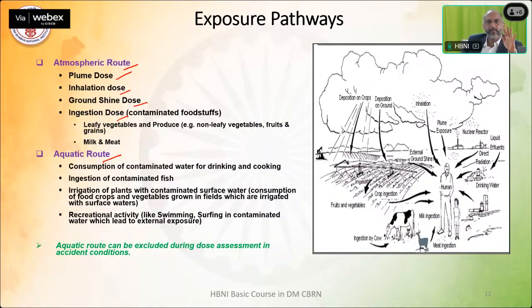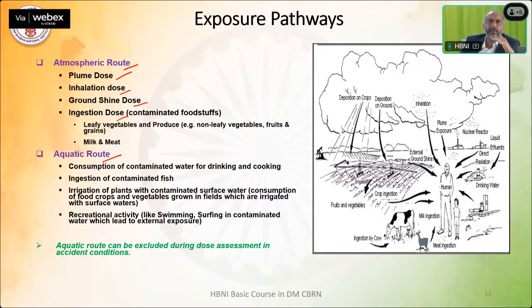And the ingestion, I'm just discussing at the very basic level here. The ingestion dose is from contaminated foodstuffs. If you are consuming contaminated food, the dose you are getting is estimated through the ingestion pathway.